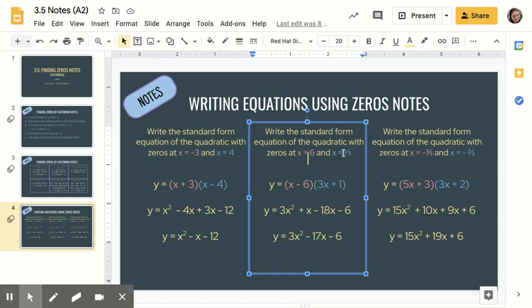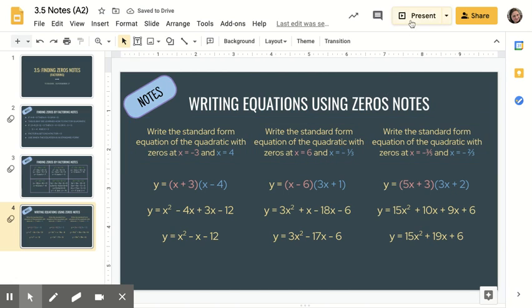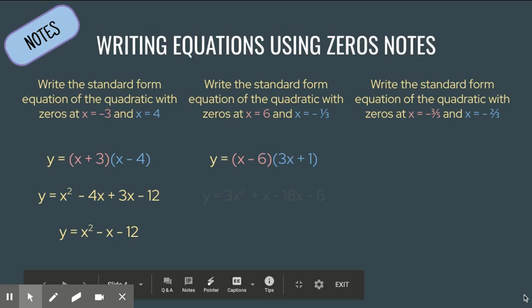I missed my negative when I wrote my 1/3 down. There we go. You guys know I miss negatives sometimes when I'm typing stuff up. But it's supposed to be negative 1/3.